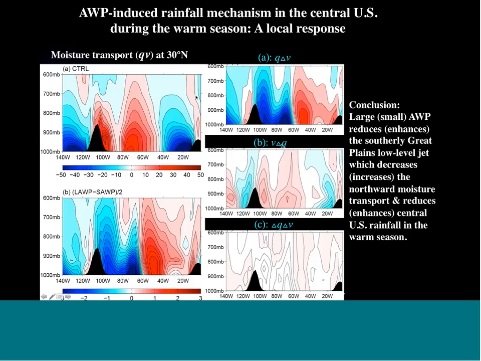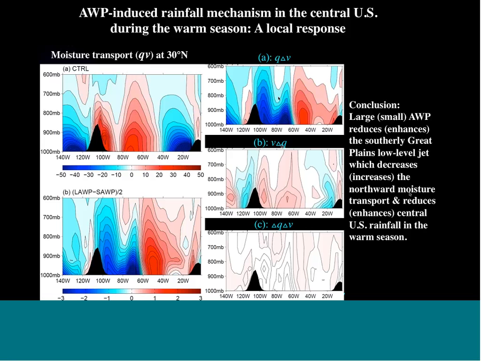If we compare this panel with these three panels, the dominant term is this term, which means the mean wind change is dominant for the total warm pool response. So the conclusion we can get is that a large warm pool reduces the Great Plains low-level jet, which decreases northward moisture transport and reduces the rainfall over the central U.S.